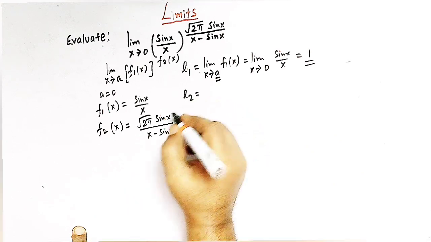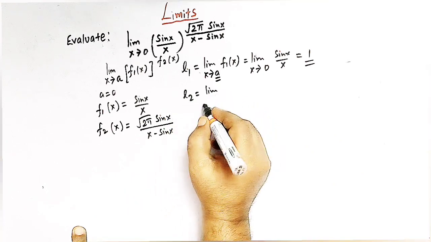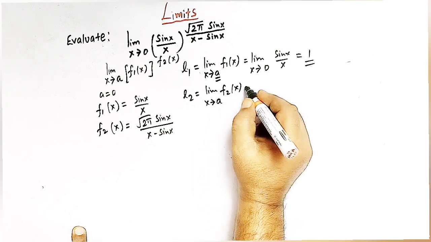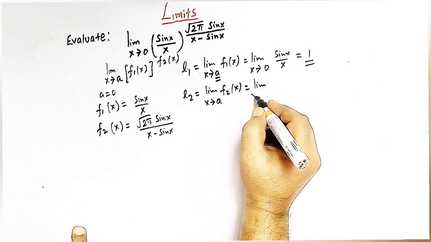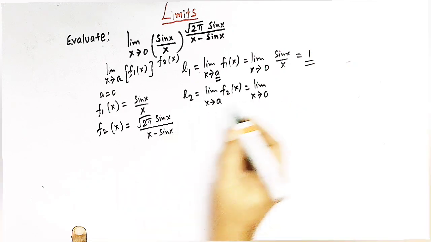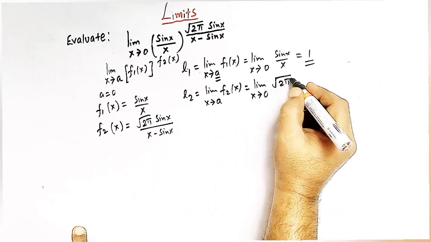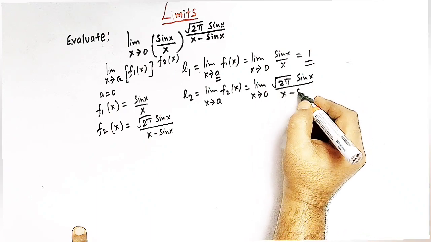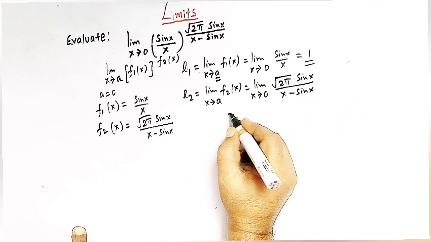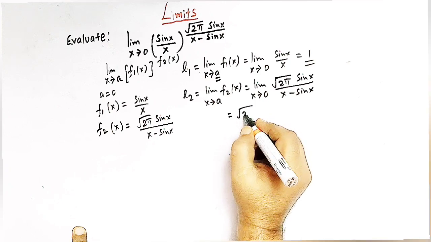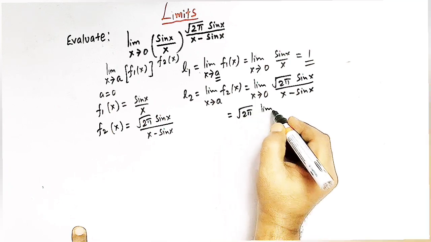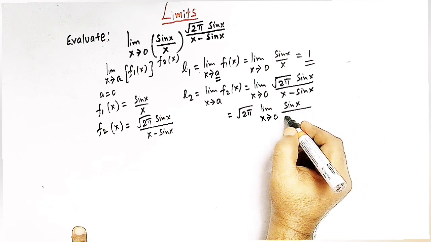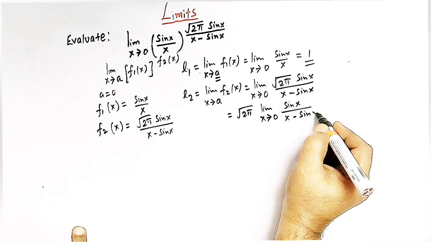And the limit L2 is limit x tends to a of f2(x), and here we have limit x tends to 0, and f2(x) is square root of 2 pi times sine x divided by x minus sine x. So we can now write square root of 2 pi limit x tends to 0 of sine x over x minus sine x.